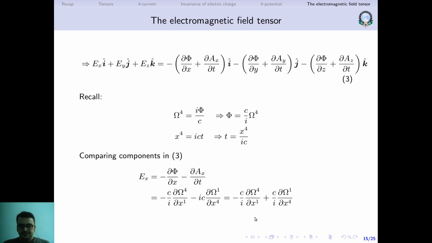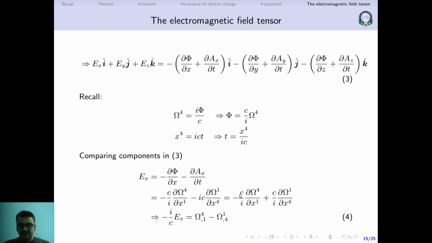Because here it is c by i and here it is ic, I take the i into the denominator, and the moment I do that I get another extra minus sign. That minus and this minus together give me a plus sign. So minus c by i dou omega 4 by dou x1 plus c by i dou omega 1 by dou x4. Of course, now we can write this in our comma subscript notation, because dou omega 4 by dou x1 is nothing but omega 4 comma 1.